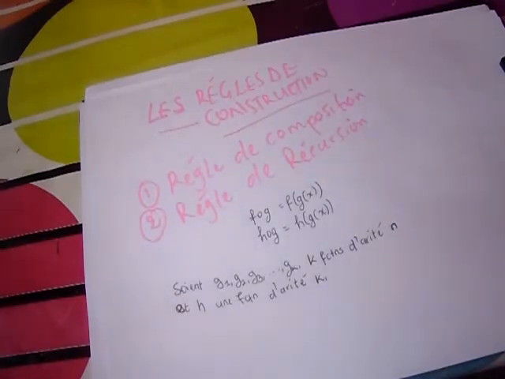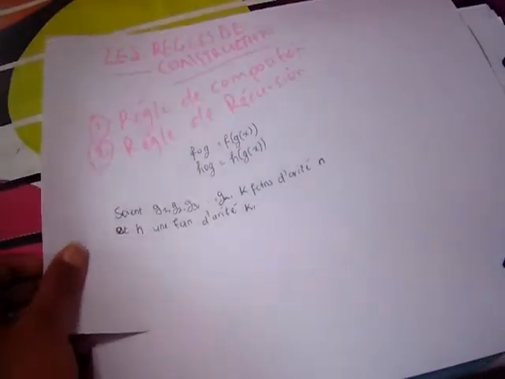The first part, g1, g2, g3 jusqu'à gk, k fonctions d'arité n. Why it's like that is because, let me write on a new paper. Let's do that here so we can see. Basically, if we have this, why is it d'arité n?